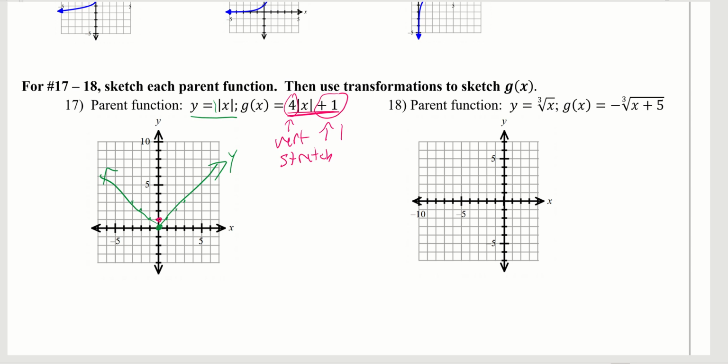So that's going to be that. And now instead of a slope of 1, my slope is going to be 4. So up 4 over 1 and reflect that over. So that right there would be g of x. So transformations there, we stretched it vertically and we also vertically shifted it up 1.